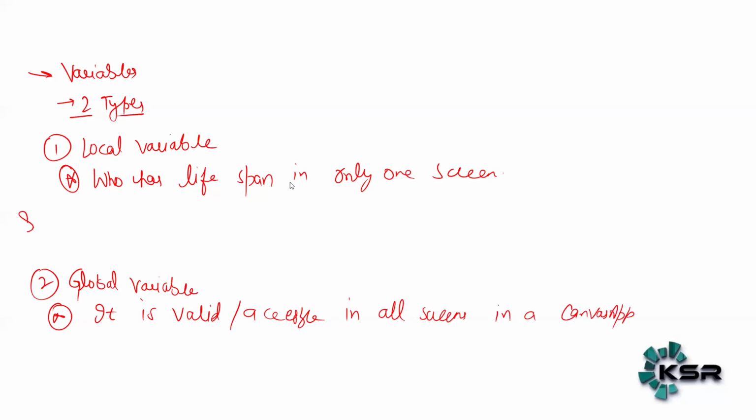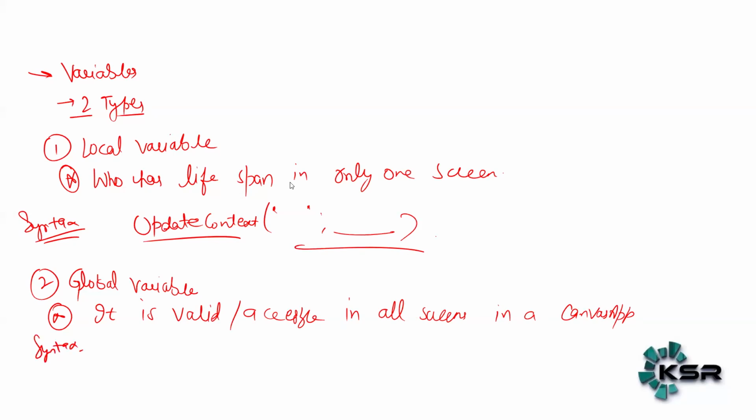Now, what is the syntax? A local variable is updated with UpdateContext, you give the variable name, then pass the value, and it is done. If you don't know the syntax, that is fine, we will go through the documentation and check. The syntax for a global variable is Set, variable name and value. Got it? What is the difference? One liner? Yes, sir. Okay, easy, right?